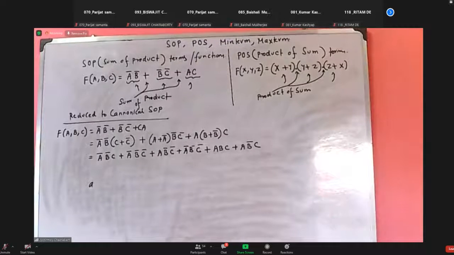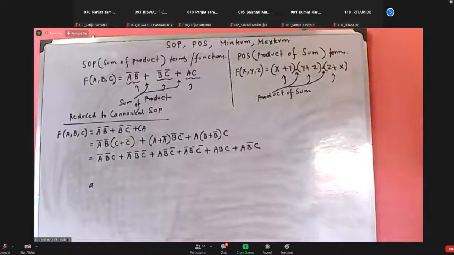A bar, B bar, C bar. So what have we learned from Boolean algebra? A plus A is A. Yes, sir.